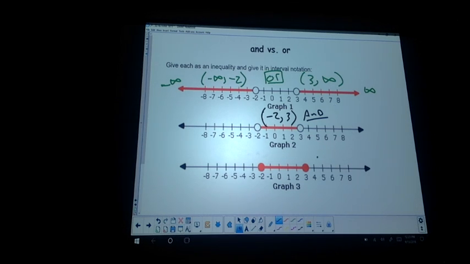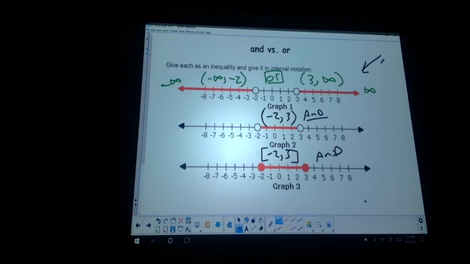This one is also an and statement, but we're going to have square brackets rather than rounded brackets. Looks like that. Does everyone see the difference between them? Now, question, can I have square brackets on this top one? No. What would I have to have for a square bracket? Yeah, so you have to have a solid circle, right? So, or problems shade away from each other and and problems come together.